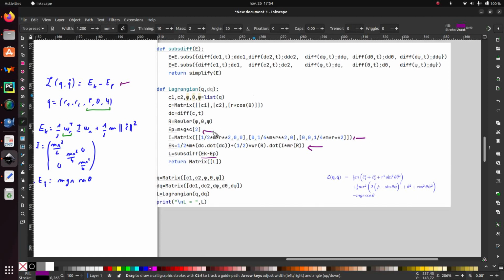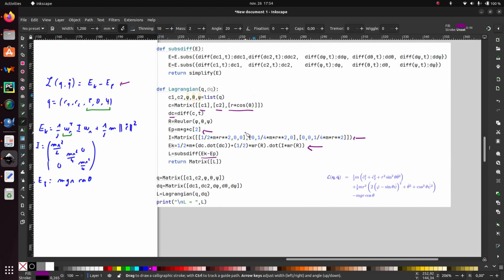For the potential energy, I need to compute the coordinates of the three-dimensional vector C. From C1 and C2, which belong to Q, I compute the altitude of the center C, given here. And I need to compute its derivative to get the kinetic energy.